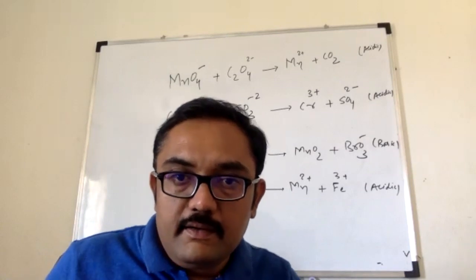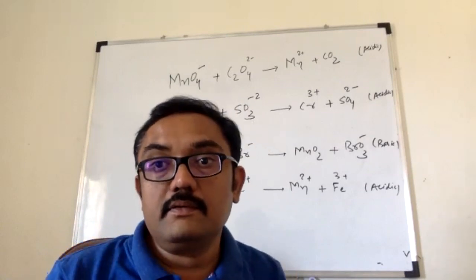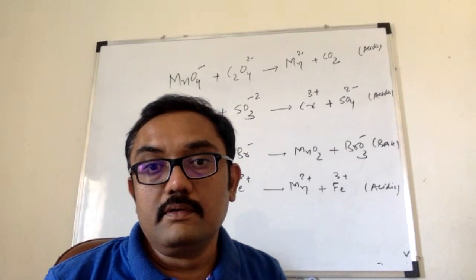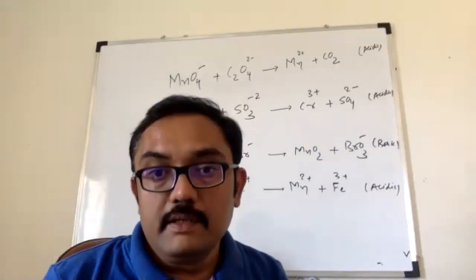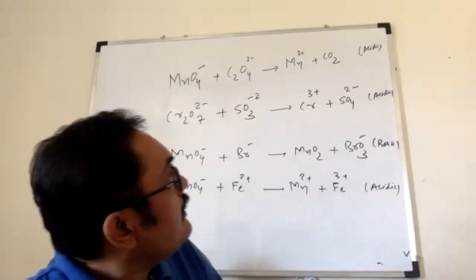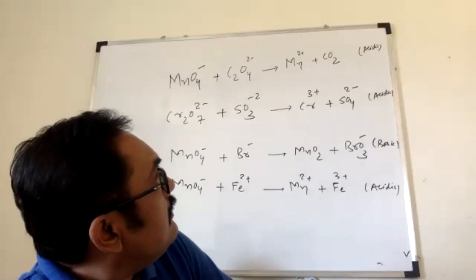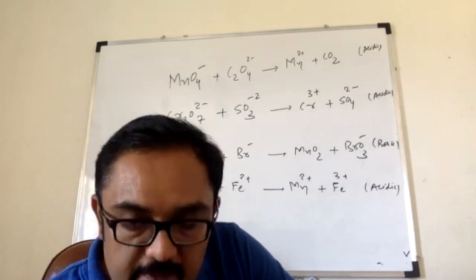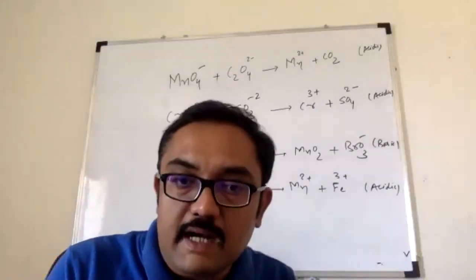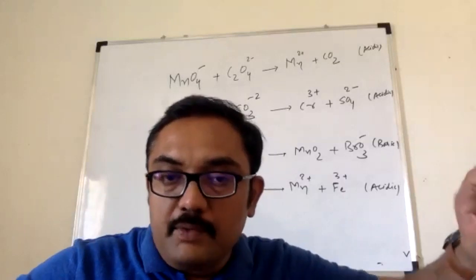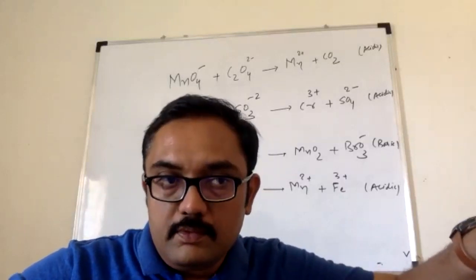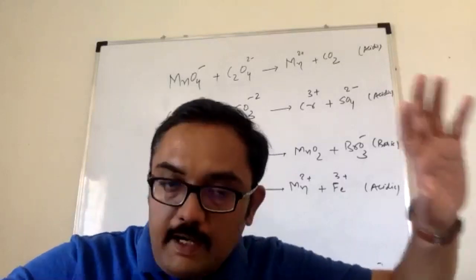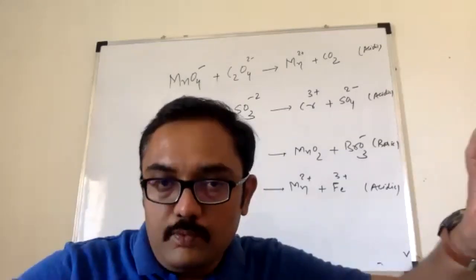Sir, I have a doubt. In the top equation, the first one which you've written on the board, carbon is +3 in C2O4 2-. So do we multiply +3 by 2? Yes, because after you balance the carbon, both sides the carbon will become 2, 2. So on both sides you will multiply by 2.